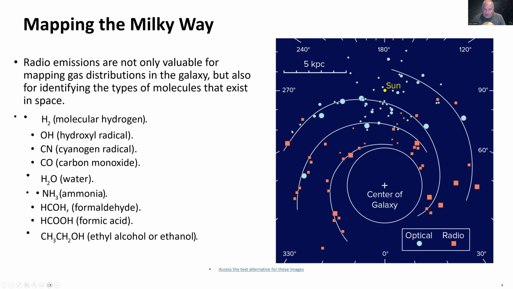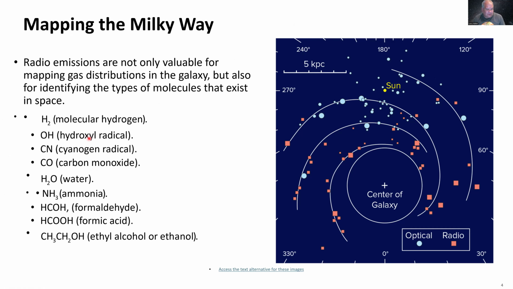Of course, radio waves also allow us to measure other things, because a lot of different molecules are present in space, and when they vibrate, they emit light, again often in radio waves. So radio telescopes can detect all kinds of molecules. These very cold clouds are very different from stars in that they're cold enough that atoms can come together to form molecules, and we call these molecular clouds.